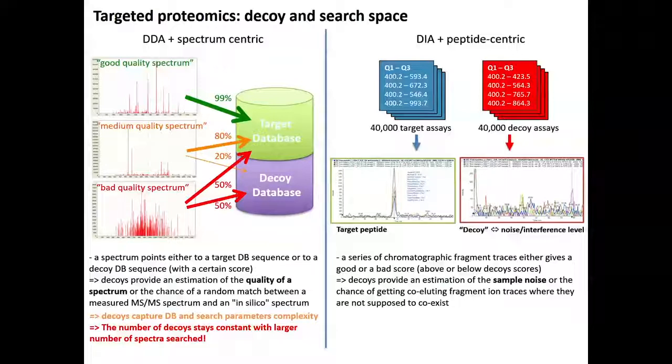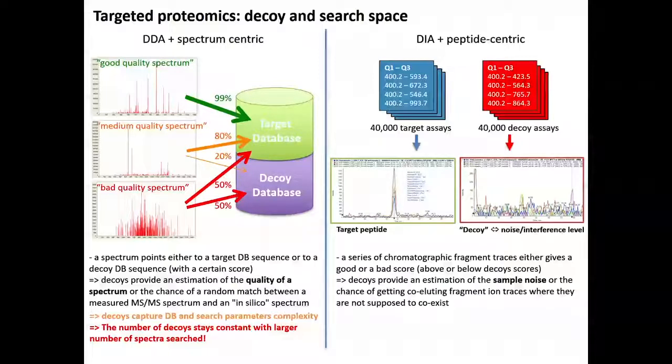What I mean by sample noise is that you can easily understand that if you take a certain decoy peptide, the chance that you actually identify a decoy peptide that doesn't exist in a human lysate background is very different from the chance that you extract that decoy peptide in a water background. So if you have 40 peptides in water or 40 peptides in human lysate, the chance that the decoys will be picked in the human lysate is much higher.